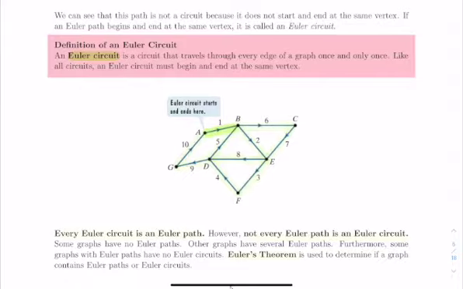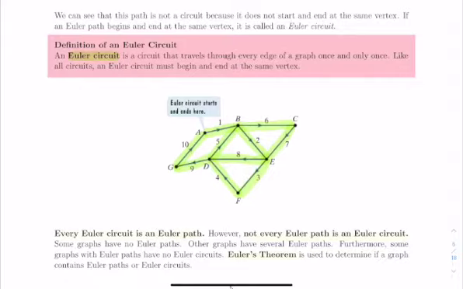So we go from A to B, B to E, E to F, F to D, D to B, B to C, C to E, E to D, D to G, and G to A. So we started and ended at vertex A.